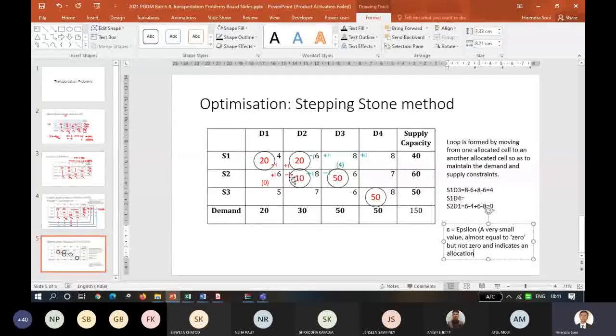So you cannot place an epsilon in a cell where it will form a loop, but you will have to place an epsilon in a cell where it doesn't form a loop and helps you in completing the loop for the cell that you are considering. Okay, but once you have placed an epsilon, you cannot place one again for another cell, but one epsilon will get your work done.